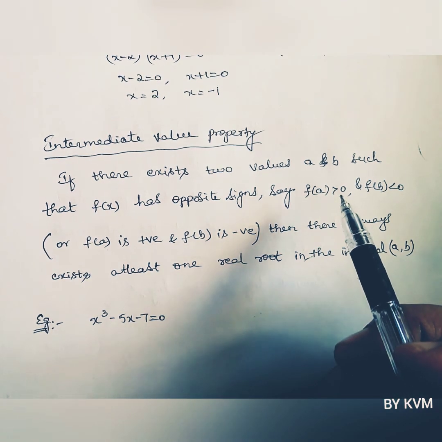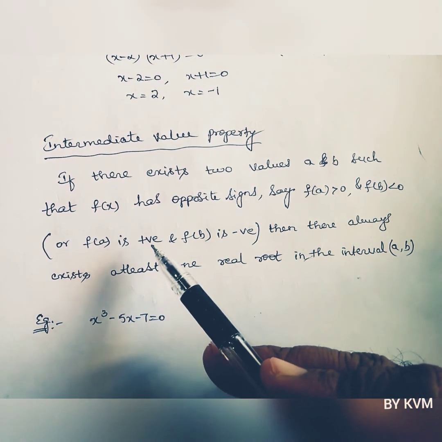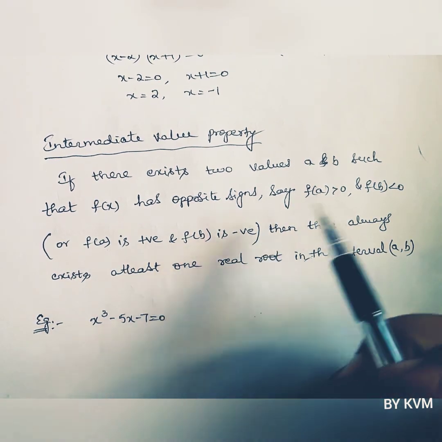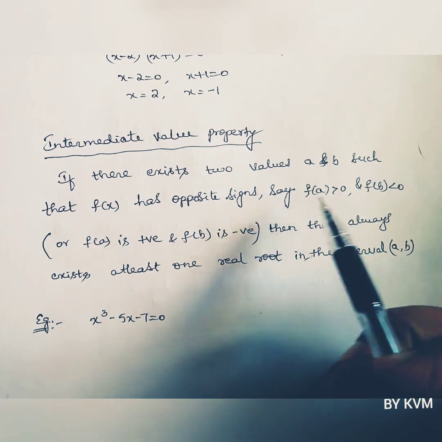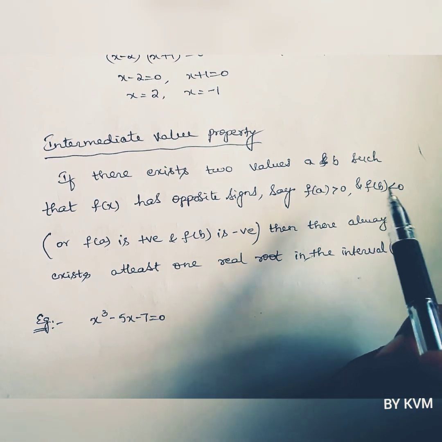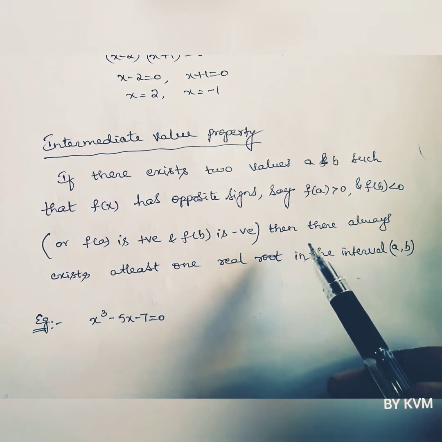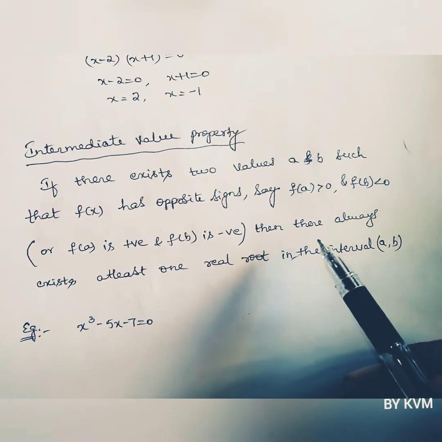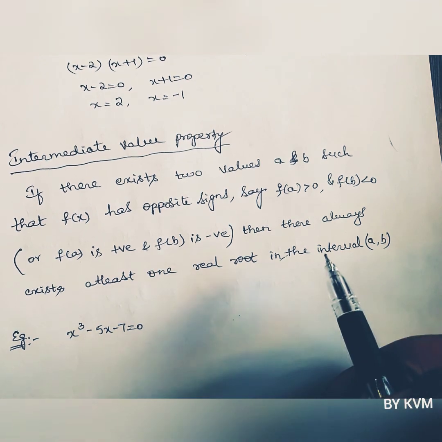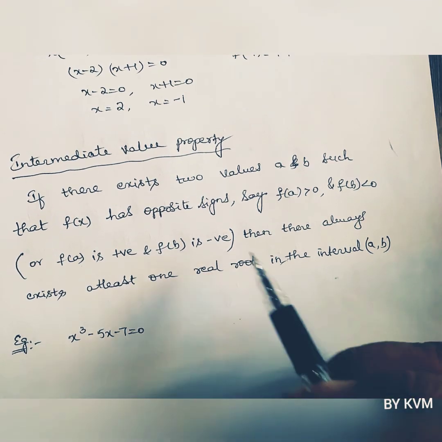This can be in the reverse order also. If f of a is less than 0, f of b can be greater than 0 also. Then there always exists at least one real root in the interval a comma b.